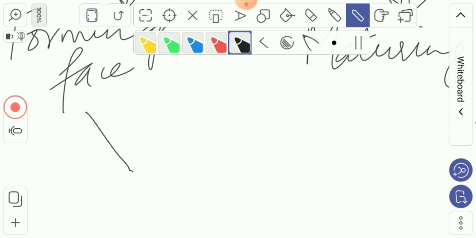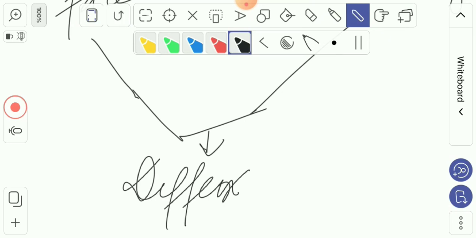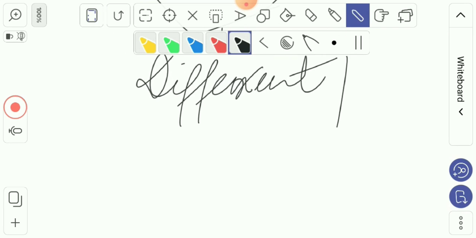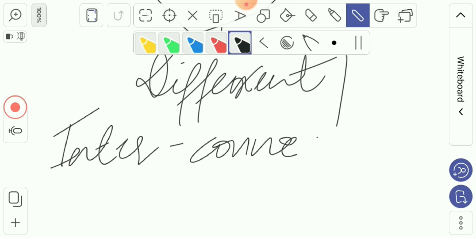And both of these phases, these are entirely different, but they are interconnected. Remember this. These are interconnected.